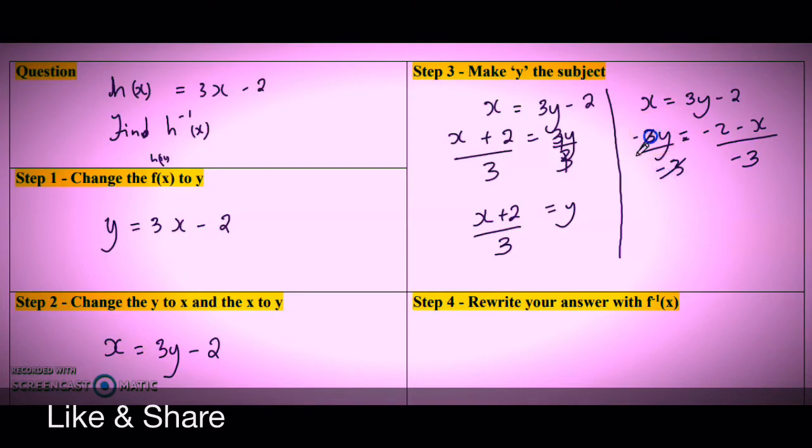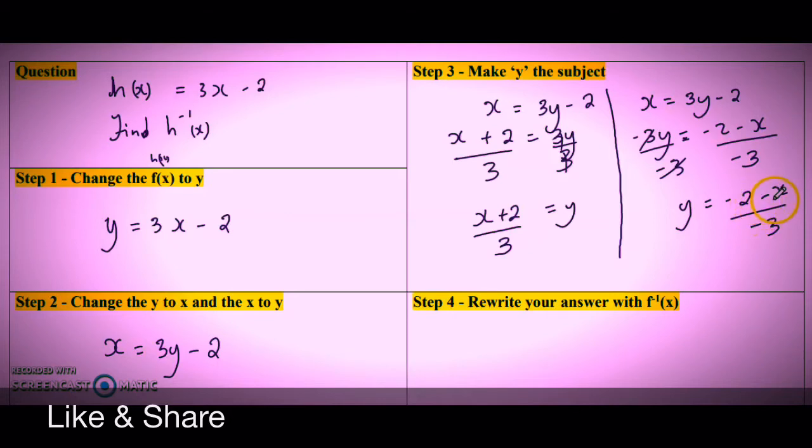So you would cancel, and here you would have y is equal to negative 2 minus x over negative 3. If you do it like this, basically it would have been the same thing, because here we have our inverse, in order for you to get your answer.